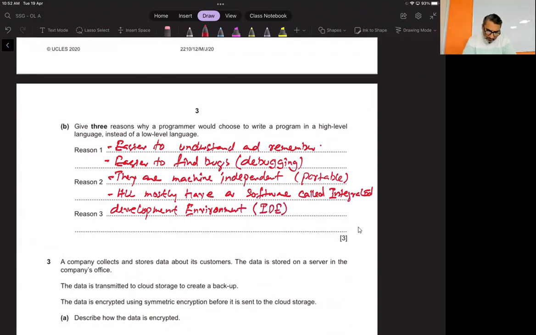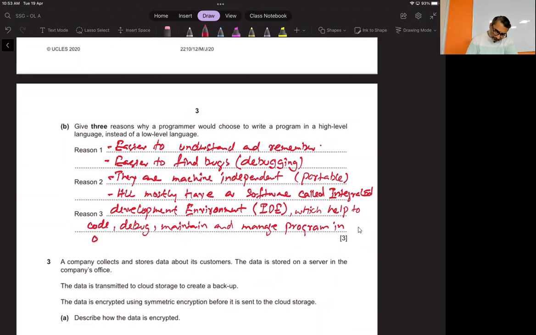High-level languages mostly have an IDE that helps to code, debug, maintain, and manage a program in one area.